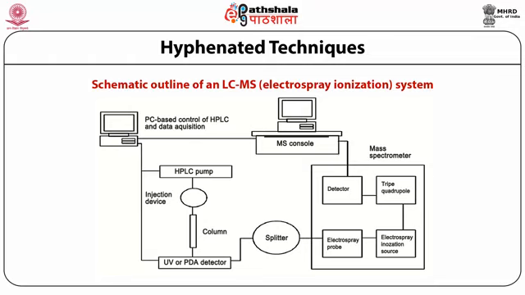They are initially detected by a UV or PDA detector, then carried forward to a mass spectrophotometer which acts as a detector. Thereby it acts as a hyphenated technique called LCMS. The mass can be of any QTOF or ESI type.